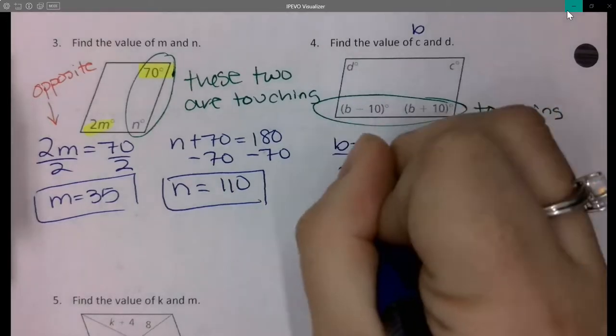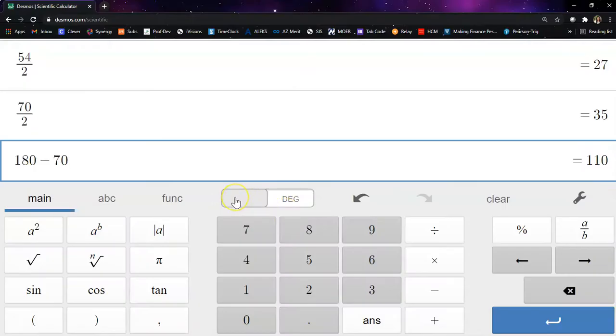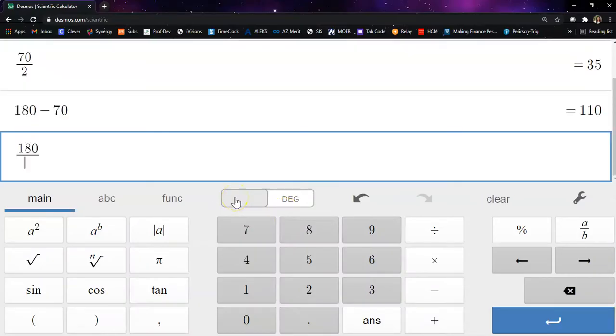Then I want to go ahead and divide both sides by 2, which gets me 90.